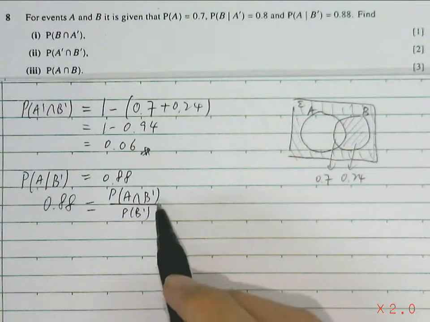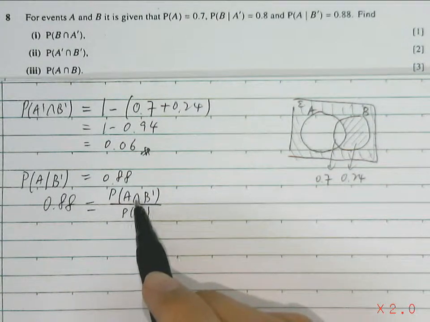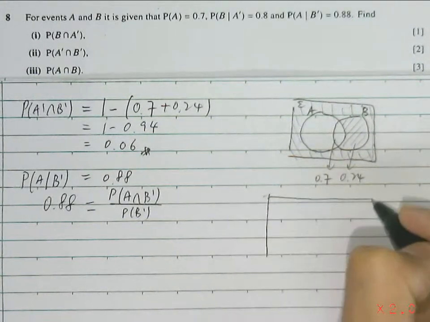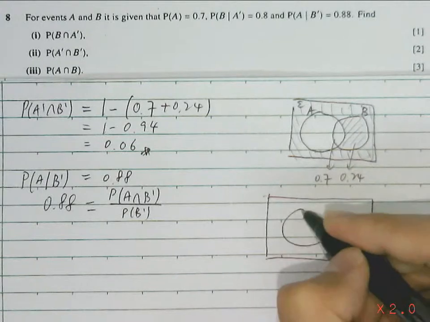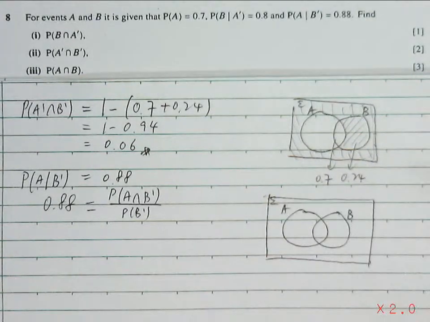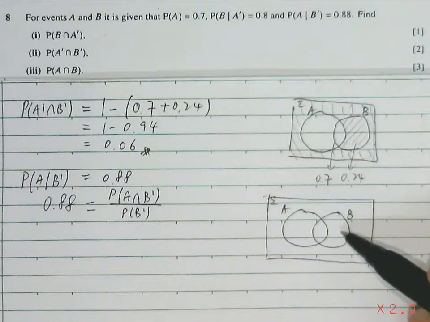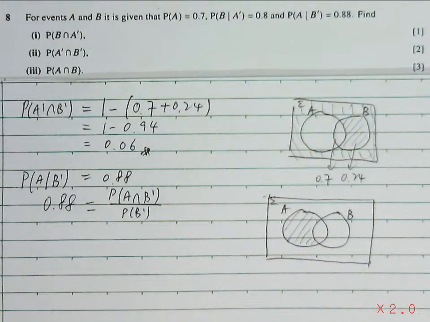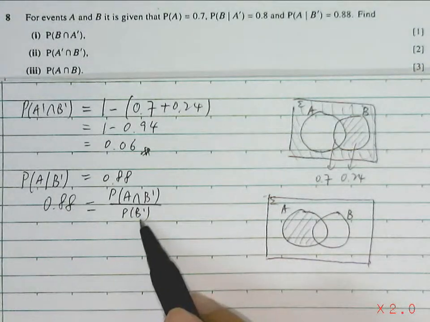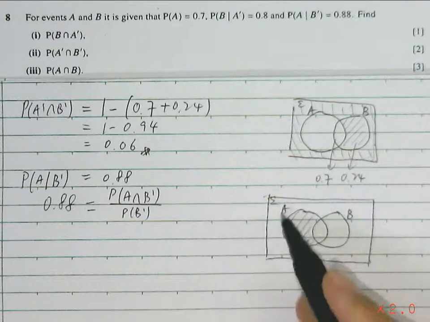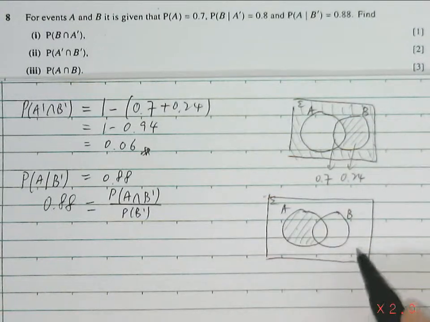So if we know that the probability of A intersecting B complement, I'll draw another Venn diagram. Okay, A intersecting B complement would be this part, while the probability of B complement will be the same portion here plus the outer region here.